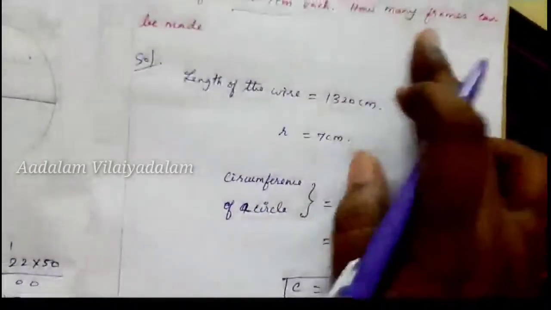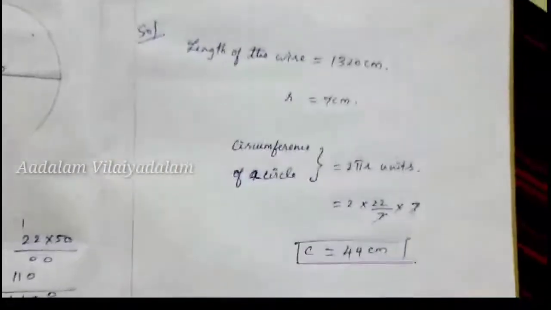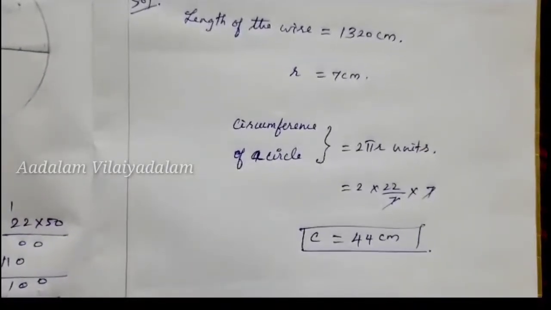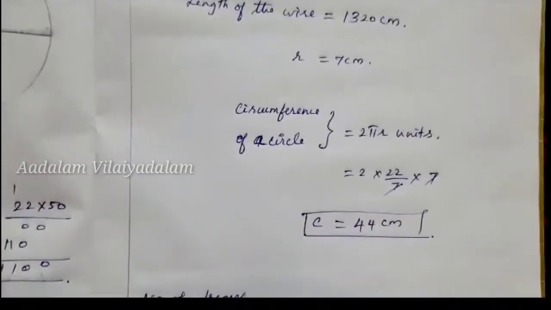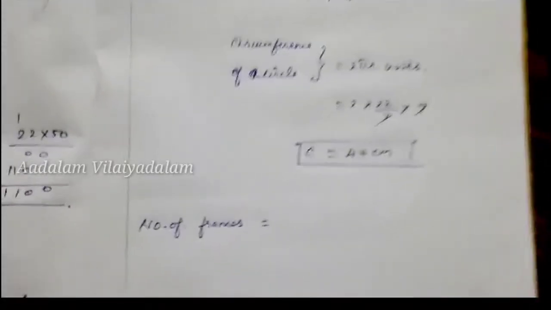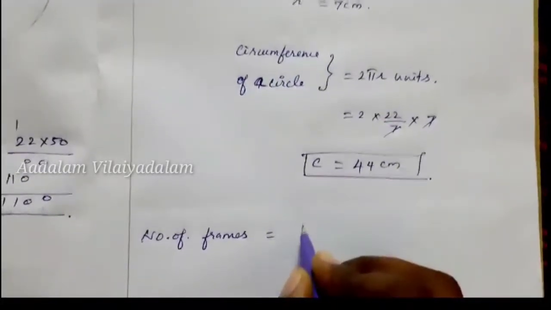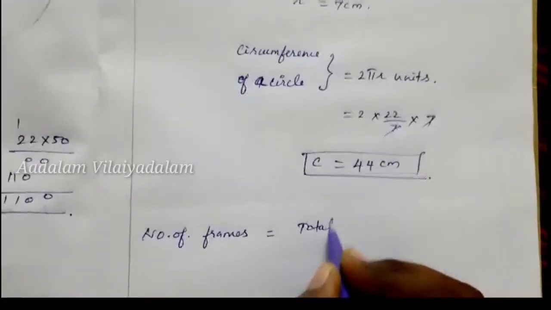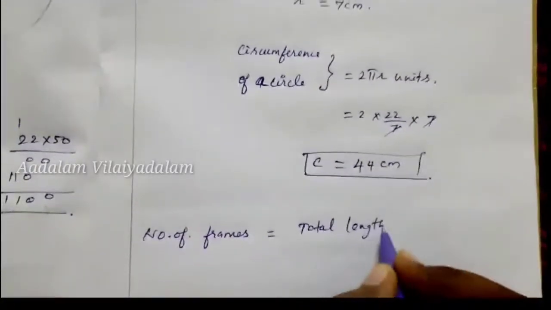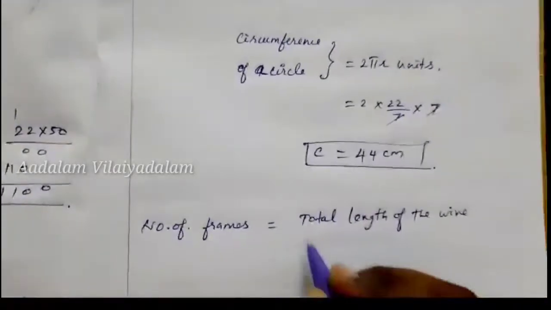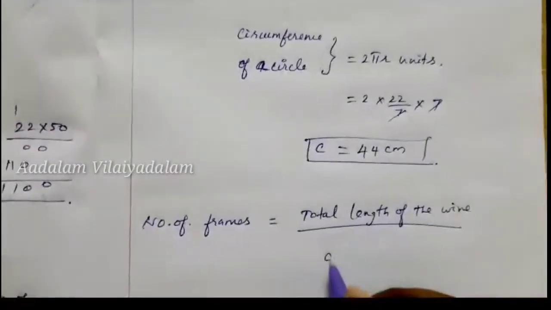Now we need to find how many frames can be made. So to find the number of frames, we need to divide. So therefore we could write total length of the wire divided by its circumference.